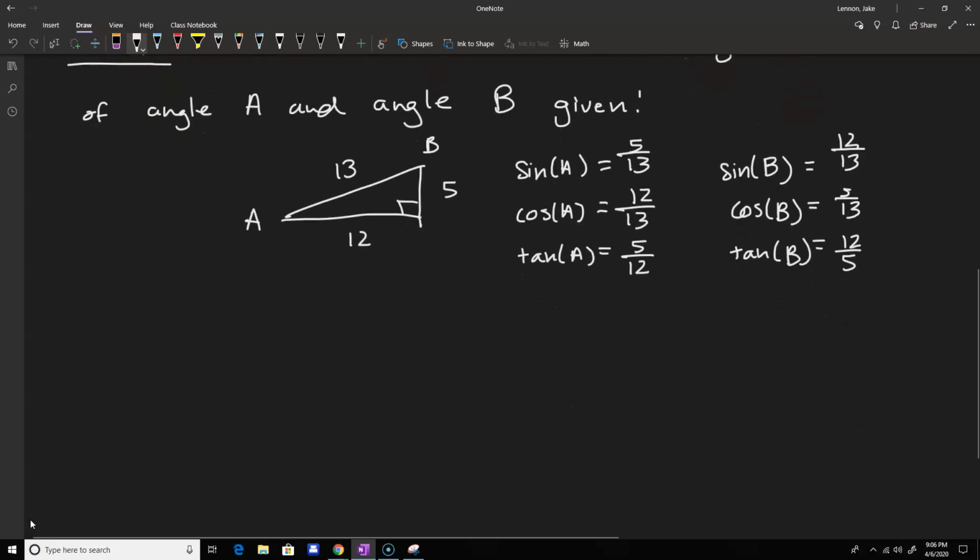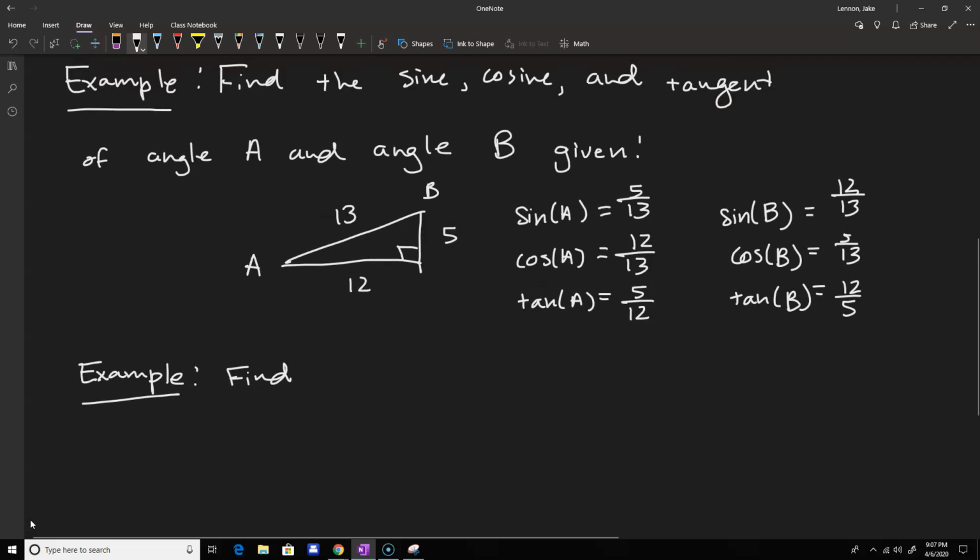So let's try another example, kind of going through the same thing. Again, let's do both sets. Okay, so find the, how did I write it before? Find the sine, cosine, and tangent.